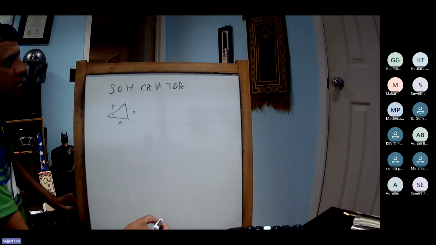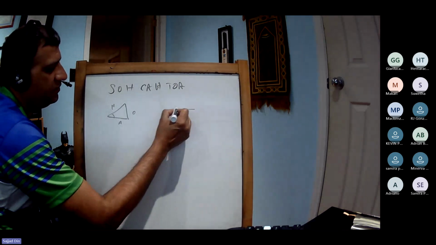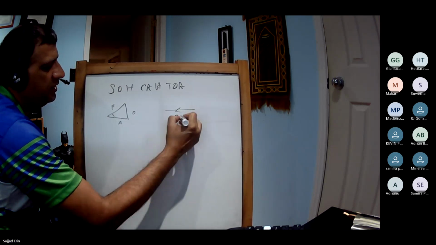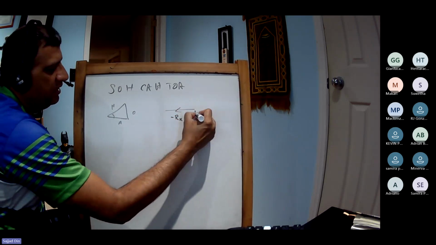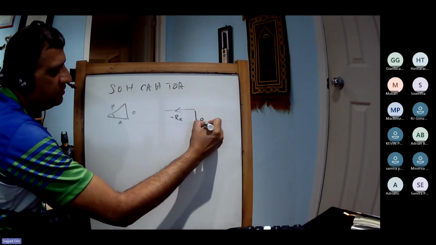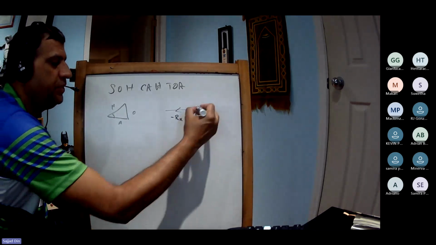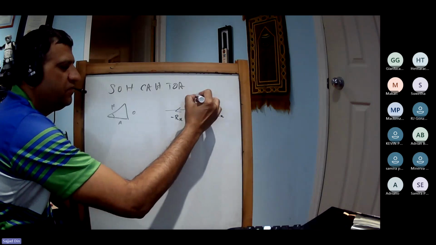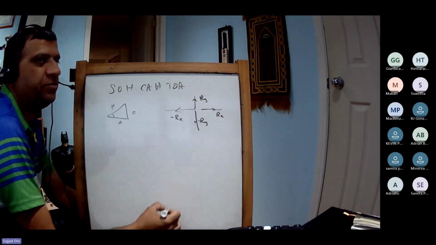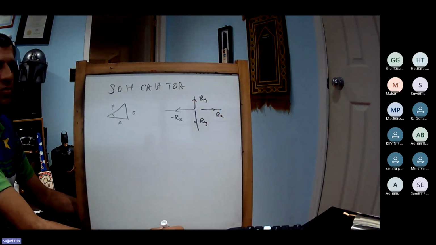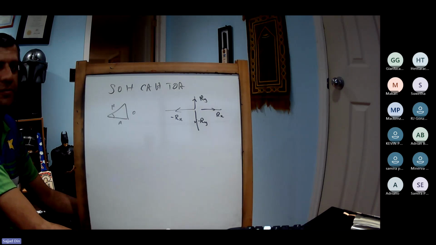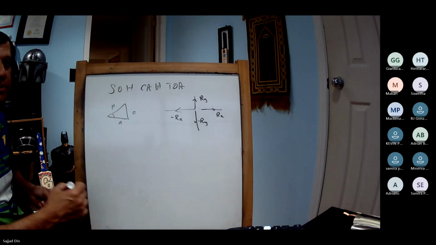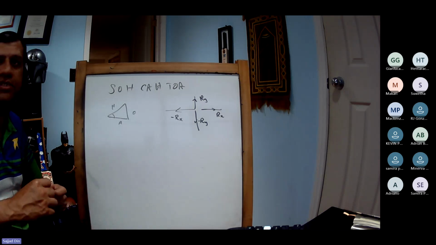Remind yourself that for an x component in this direction it's negative, and for a y component in this direction it's negative. For an x component in this direction it's positive, and for a y component in this direction it's positive. This is where a lot of people get into trouble when they forget that.